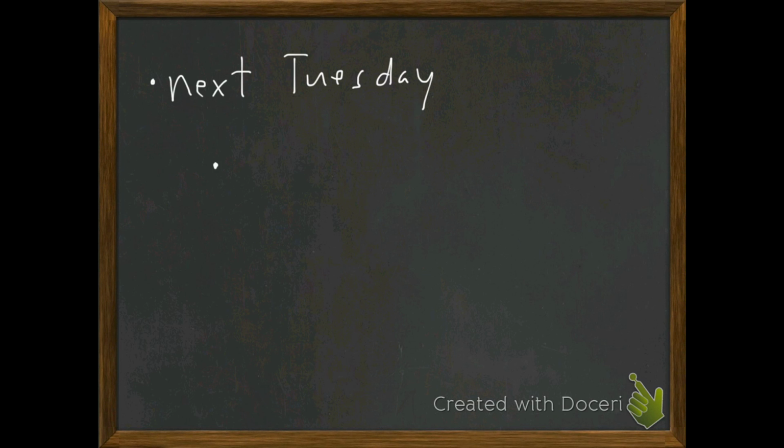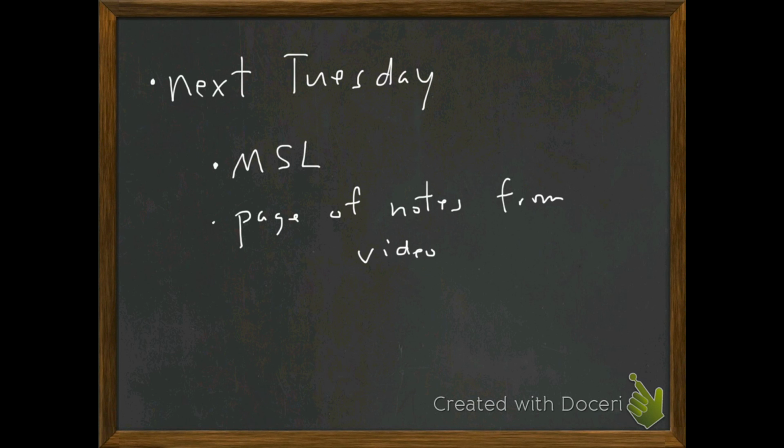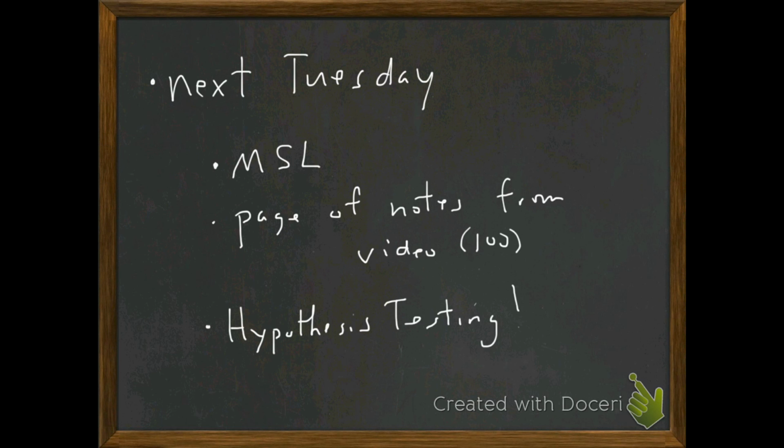What should you do? Make sure that you get your MyStatLab assignment turned in. Make sure you bring your page of notes from this video. Guys, that's worth 100 points. That's an easy 100 points too. And we're going to start something called hypothesis testing. You don't want to miss it.